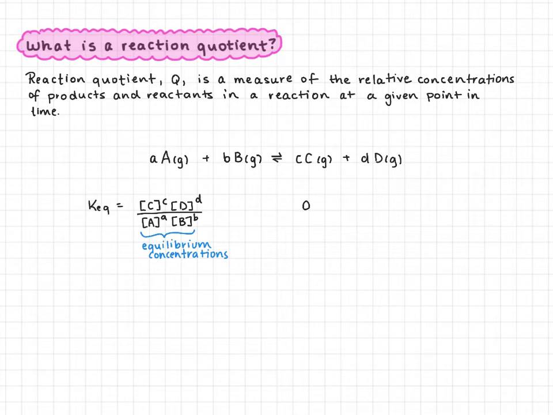Q is going to be calculated in nearly the exact same manner. So it's going to look like the same calculation. And the reason that it looks like the same calculation is because it allows us to then compare Q and K. But unlike K, these are just concentrations at a given time, so they're not necessarily at equilibrium.